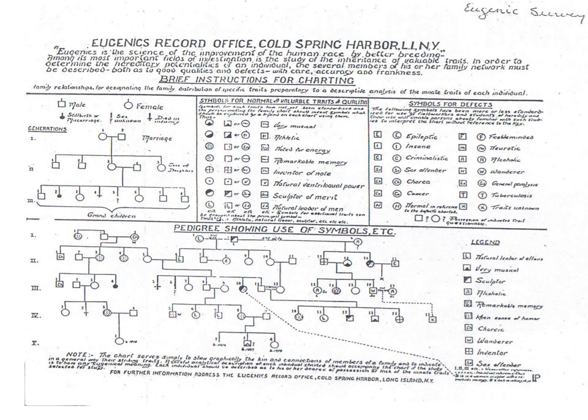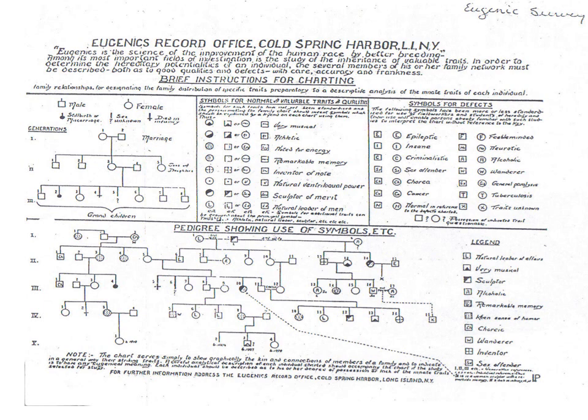So you can see some of these symbols here. Up here in the top middle, symbols for normal and valuable traits and qualities, and then over on the right, symbols for defects. Under these valuable traits and qualities: very musical, athletic, noted for energy, remarkable memory, inventor of note, natural ventriloquial power, which I've been trying to figure out what that means, but I don't know what it means.